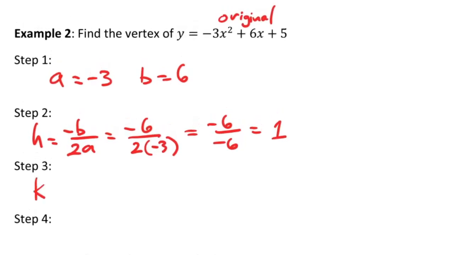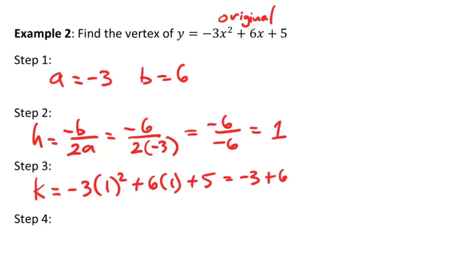So the k value is negative 3 times 1 squared plus 6 times 1 plus 5, which is negative 3 plus 6 plus 5, which is 3 plus 5, or 8.